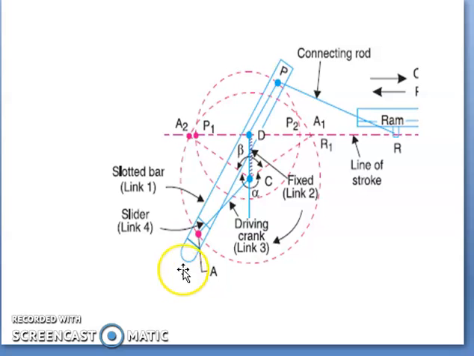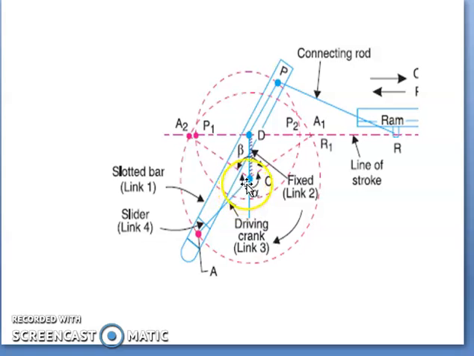So you can see the link is extended till P. So this link PA will then oscillate about the point D. At the end of P, you are attaching the ram. The ram carries the tool.